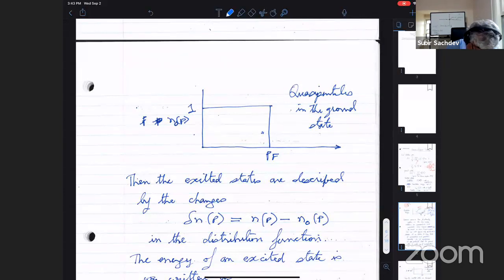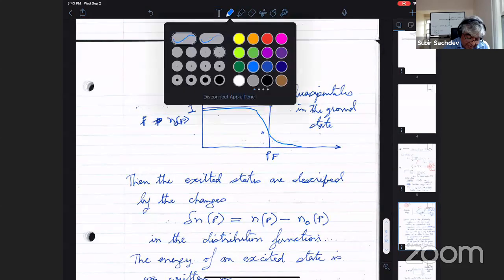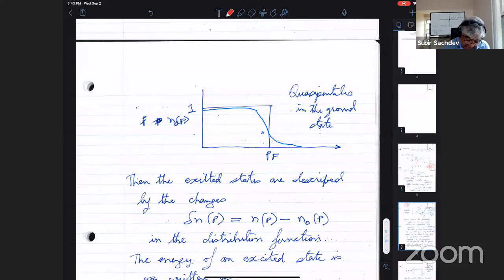So the distribution function, for example, will change from this to something like this as you raise the temperature or something like that. And then what you've really done in real life is that in this region, delta n of p is negative.